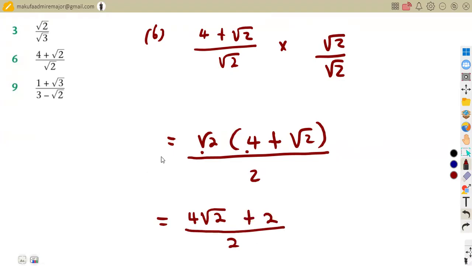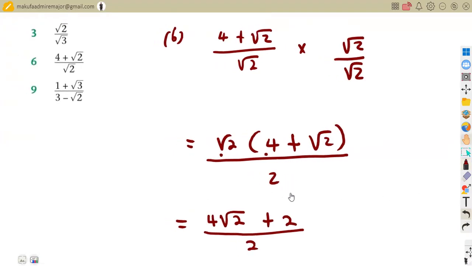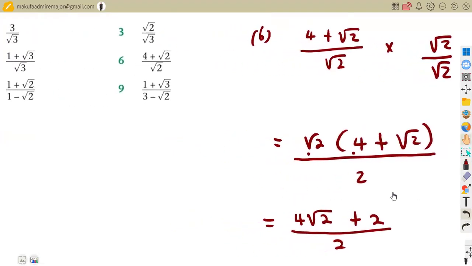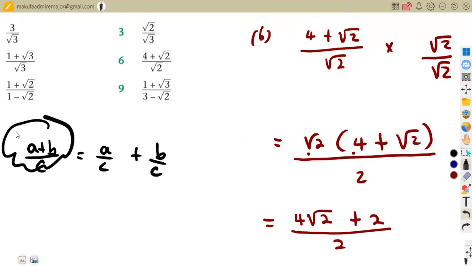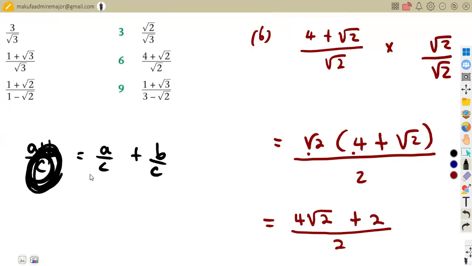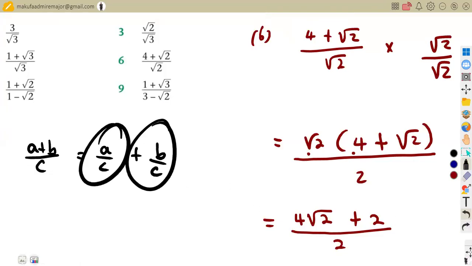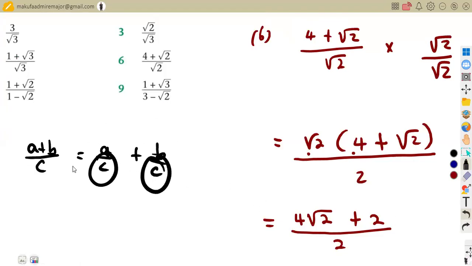Yes, it's true that we have simplified this. But remember from our fractions, we talked about this previously, that when we are given fractions of this nature, a plus b over c is the same as a over c plus b over c. As long as we have a single fraction with a single term in the denominator, we can separate our numerators over the same term that was in the denominator.